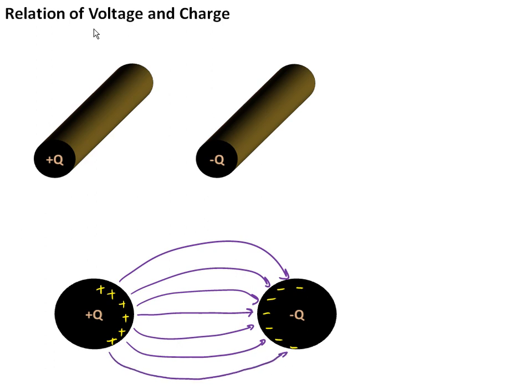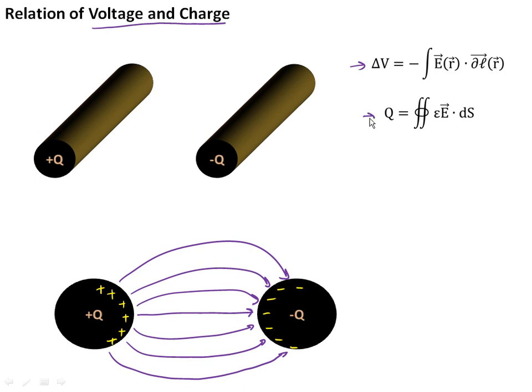So what does this have to do with our relationship of voltage and charge? Well, we know charges create electric fields or flux vectors, and we also know that if we're given the electric field and the permittivity, we can calculate both the voltage difference between these two metal cylinders, let's call that delta V here, as well as the charge on the cylinders, Q. We know that the voltage difference is simply given by the negative of the line integral of the electric field along any path.